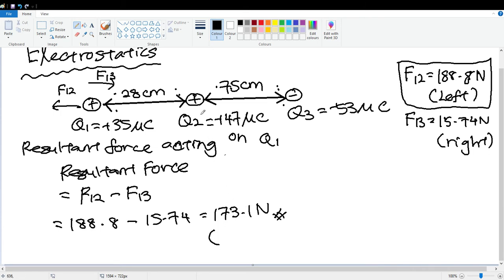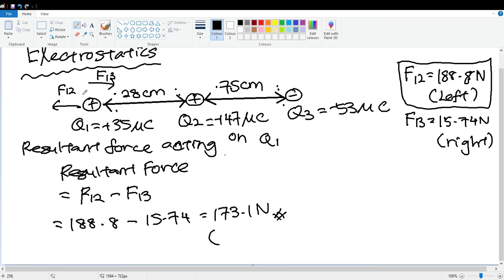And what about direction? As we can see, the force toward the left is bigger than the force toward the right. So F12 overrides F13.